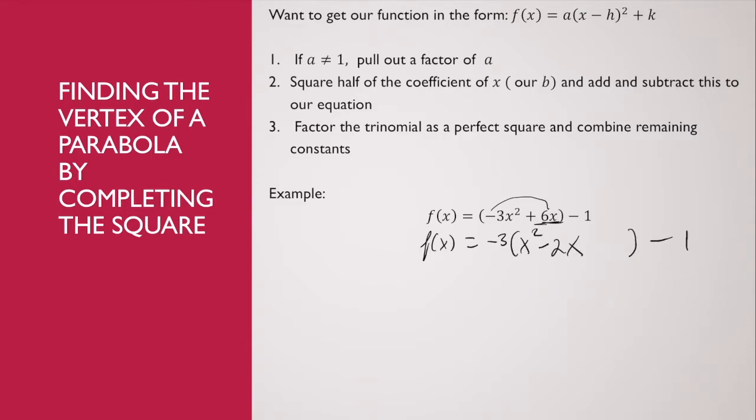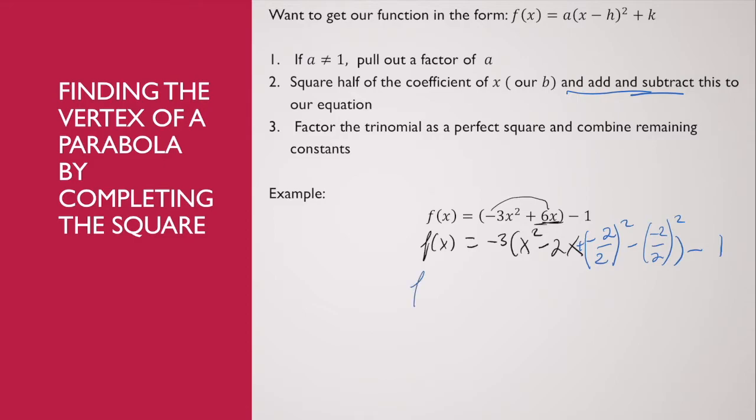What I'm then going to do is I want to make this a little bigger. I then am going to add and subtract our middle coefficient. So I've got -2. I've got to add -2 divided by 2 squared and subtract -2 divided by 2 squared.